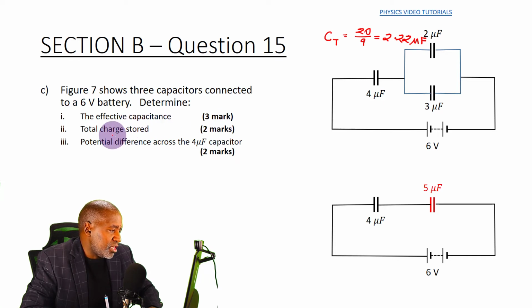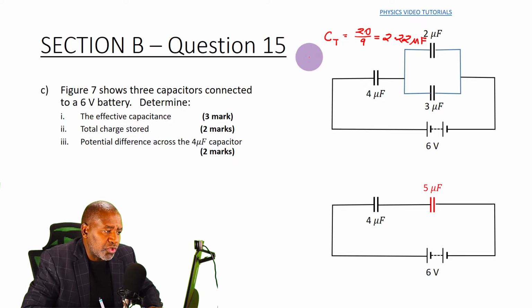Now I can use that total capacitance to calculate the total charge which is stored. So Q equals CV. If it is total charge I want, I must get the total capacitance, which I know, times the total voltage from the battery. And that one is very easy to get because, let me just do it here.